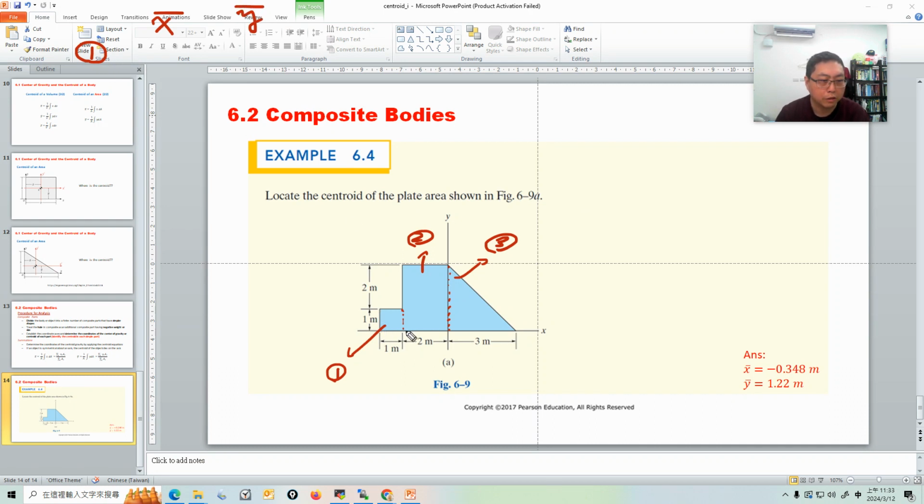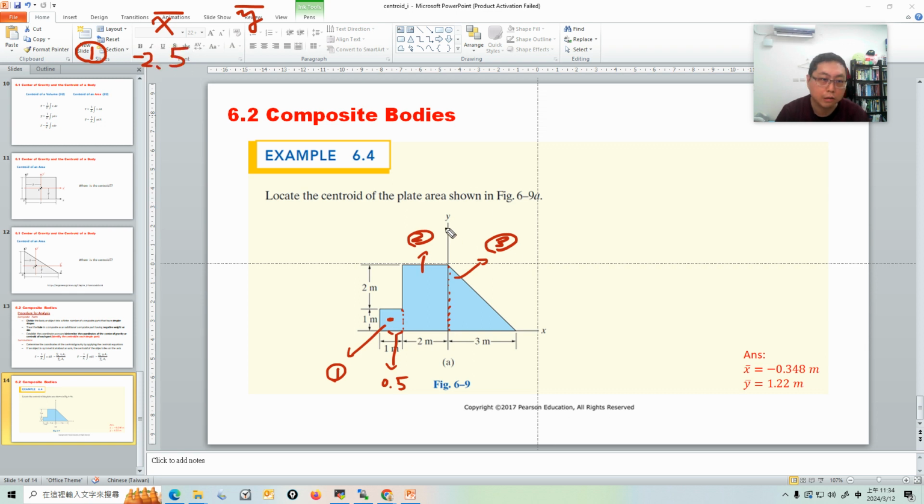The centroid of one here is a rectangular shape, so its centroid should be like here. What's the x coordinate of this centroid? It's -2, and this must be 0.5 here, so x bar is -2.5.